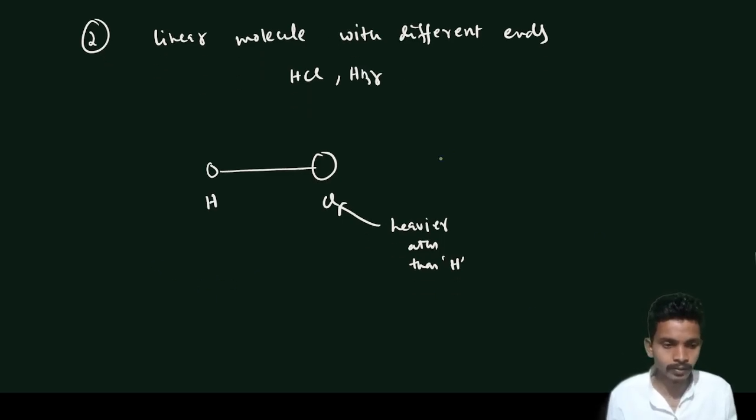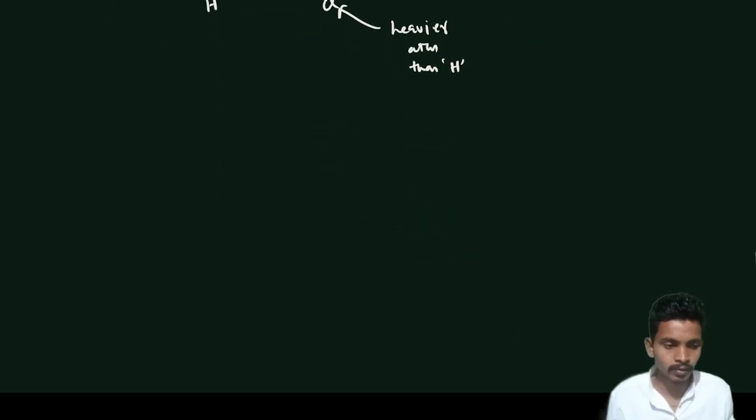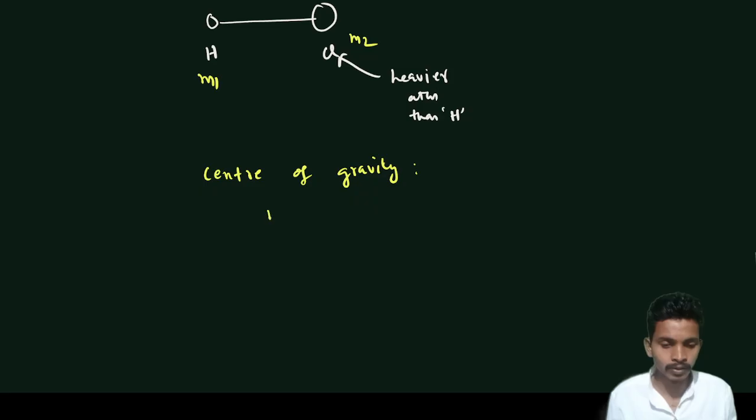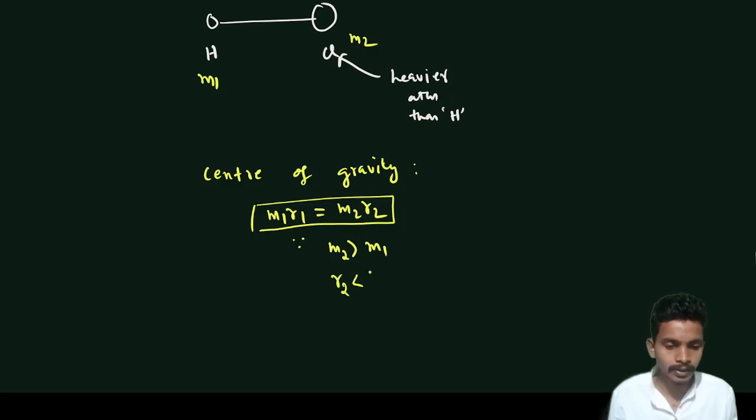What does the center of gravity condition say? Let's say this is M1 and this is M2, and the condition is M1 R1 equals M2 R2. Because here M2 is greater than M1, to satisfy this condition R2 has to be less than R1.